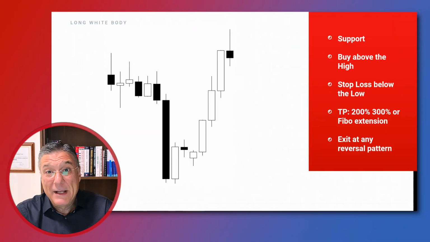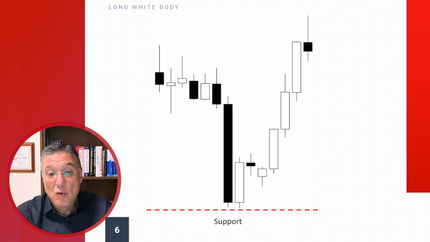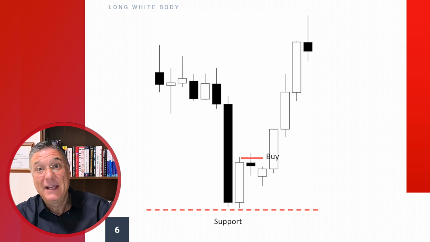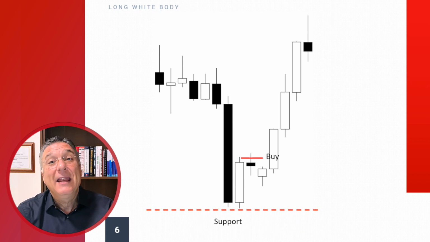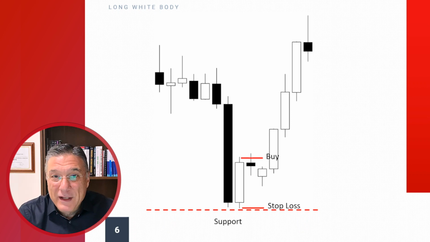Let's add one more parameter in this strategy. Once again, we identify the long white body at the end of the decline near the support area. We place a buy order right above the high price of the candlestick and a protective stop loss right below the low price of the candlestick.